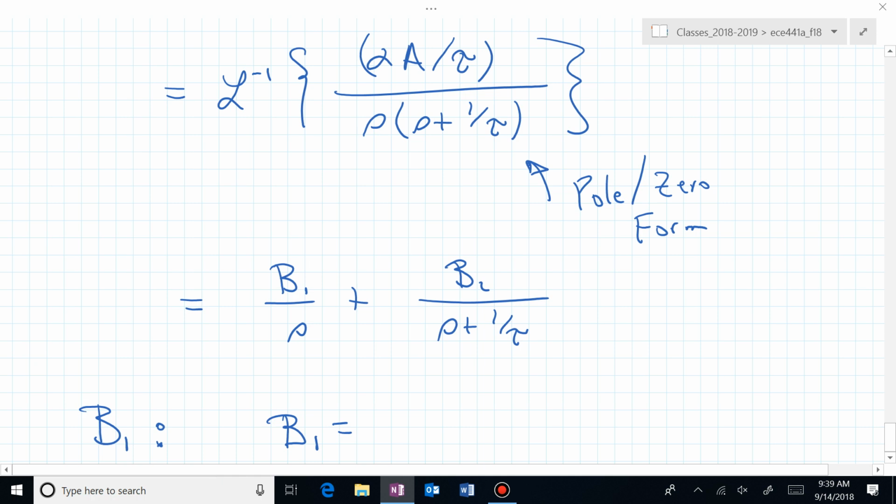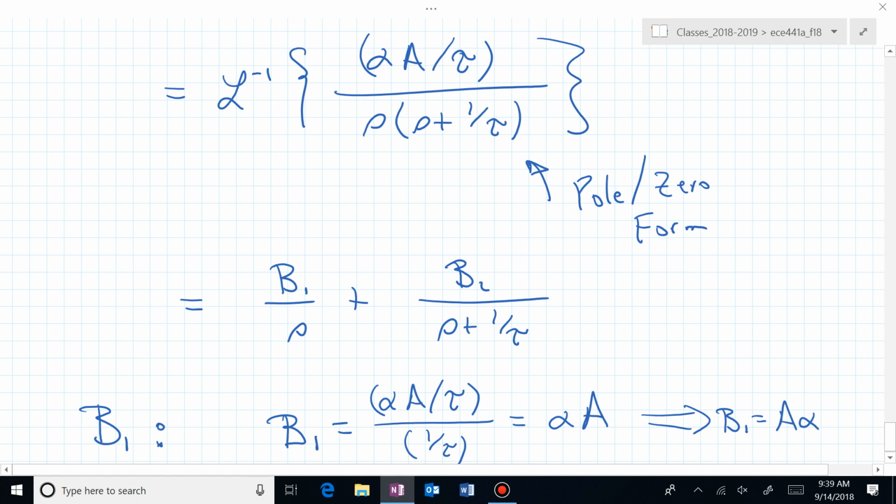B sub 1 is now alpha A over tau, that was in the numerator, and 1 over tau in the denominator. Or the taus cancel, and we end up with B1 is alpha A, or A alpha.